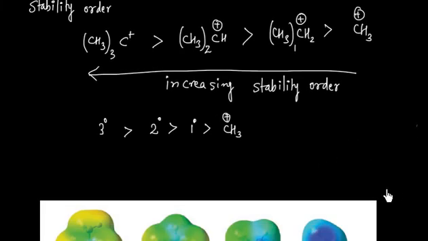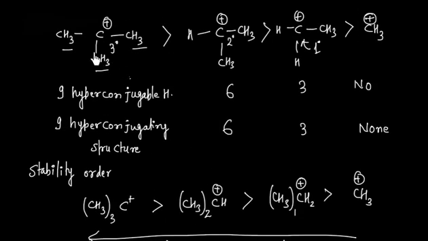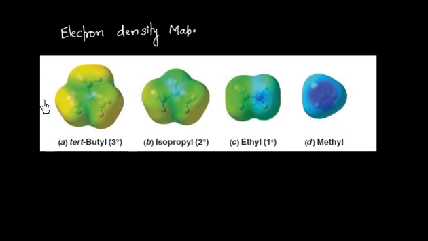The same thing we can show by potential energy diagram and flow of electron density. So this is an electron density map. If you see for a 3 degree carbocation, that is CH3 CH3 CH3, the tert butyl carbocation, the electron cloud is delocalized. So you see here we have electron cloud, here we have electron cloud, here we have electron cloud.